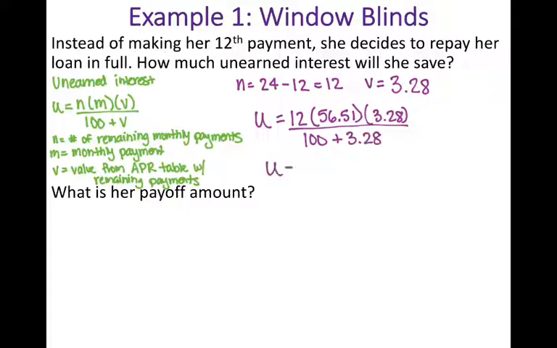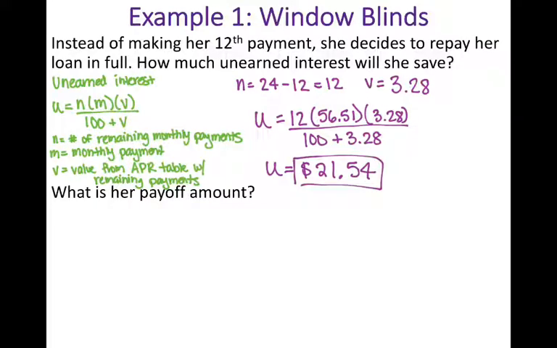So now I'm going to plug that into my calculator. 12 times 56.51 times $3.28 divided by 100 plus $3.28. And the unearned interest is $21.54.